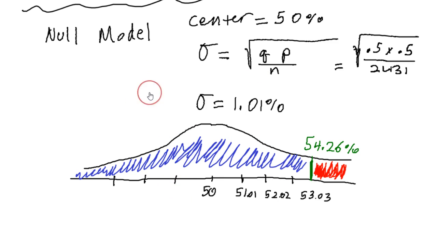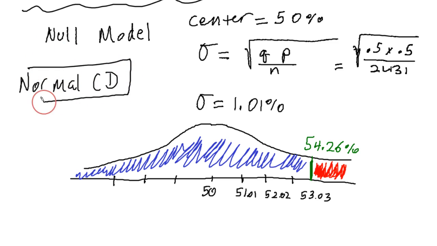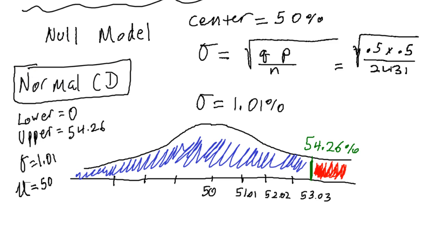Looking at what I need, I'm going to go into my normal CD mode, and inside of my normal CD, I'm going to type the following: lower equals 0, upper equals 54.26, my standard deviation is 1.01, and my center is equal to 50.